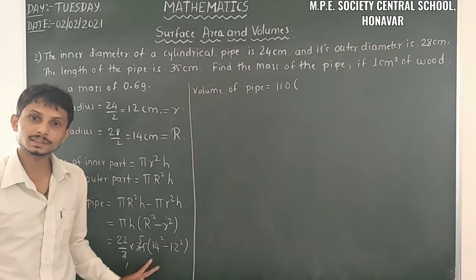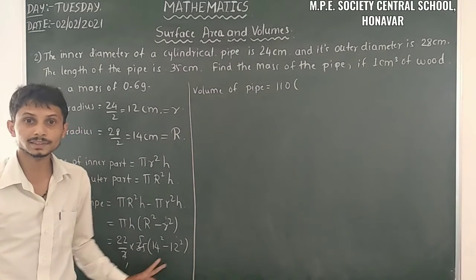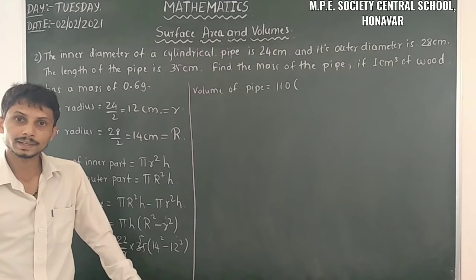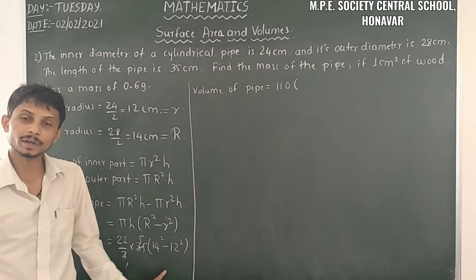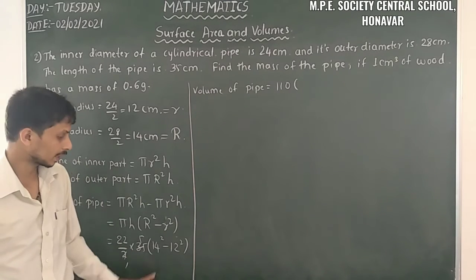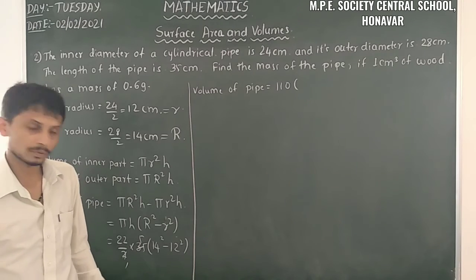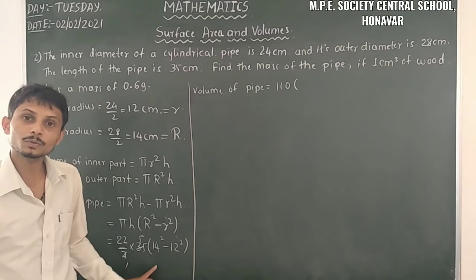I can convert this in the form of a square minus b square, that is a plus b into a minus b. a square minus b square is equal to a plus b into a minus b. So in that form we can convert: 14 plus 12 into 14 minus 12.